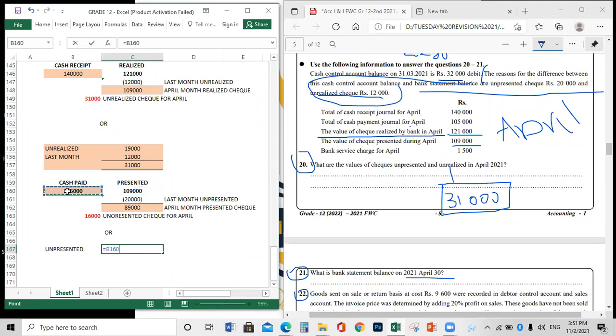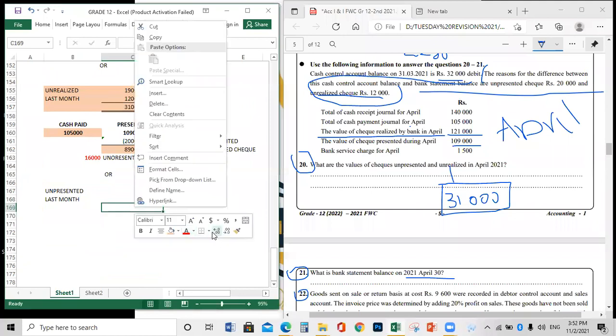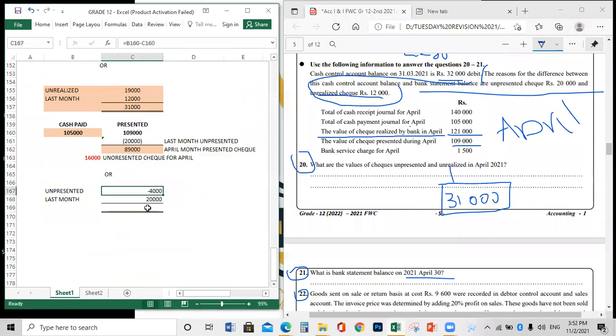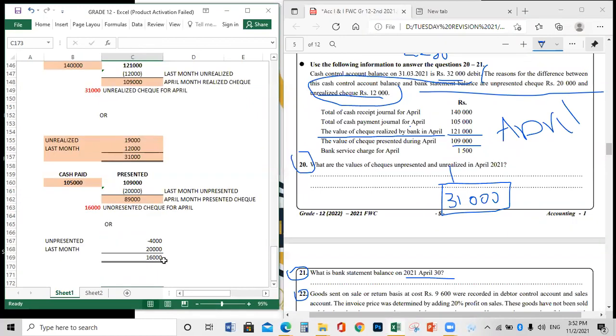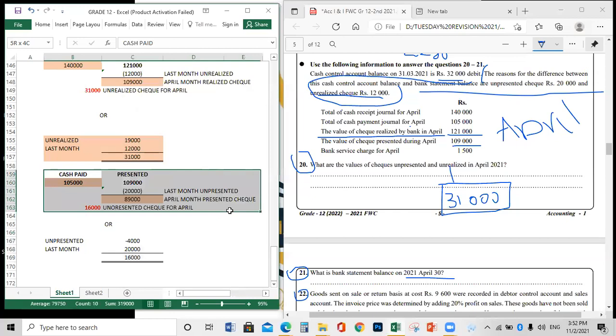Even if you do, you get a negative value, and then you take the last month. Still, you get the same answer. Last month is how much? 20,000. Then you get the answer. The answer is going to be 16,000. This plus this, 16,000. See, both will give you the same answer, 16,000. If you ask me which method is better, I would tell you this method is better.